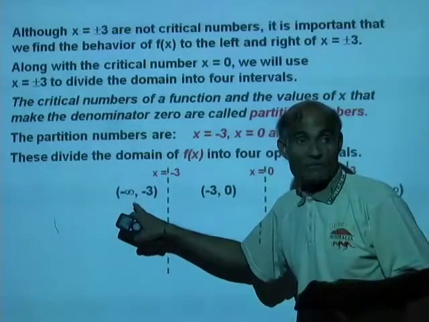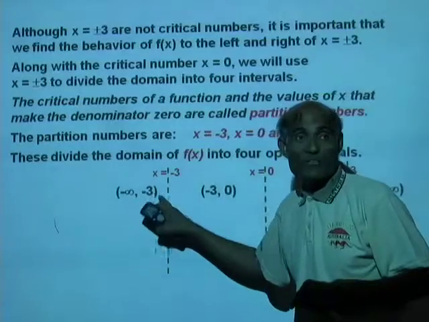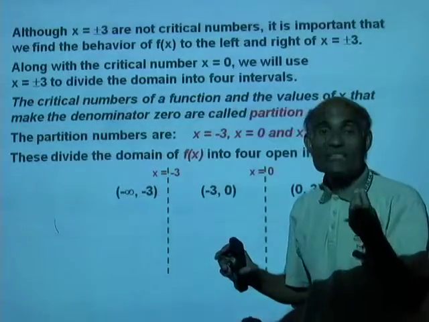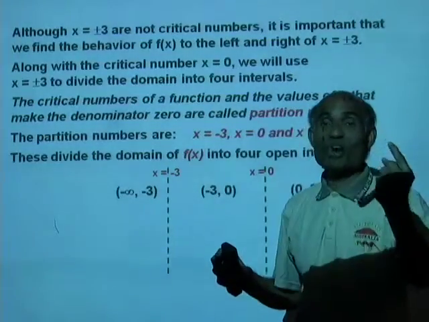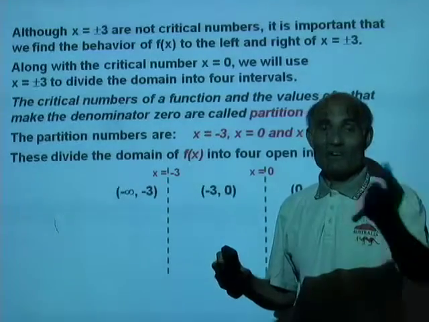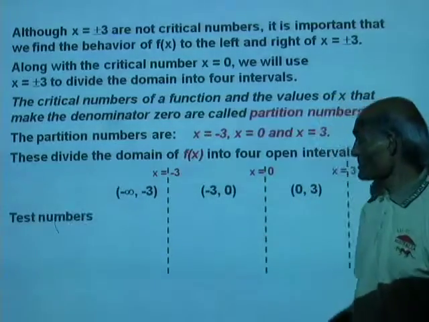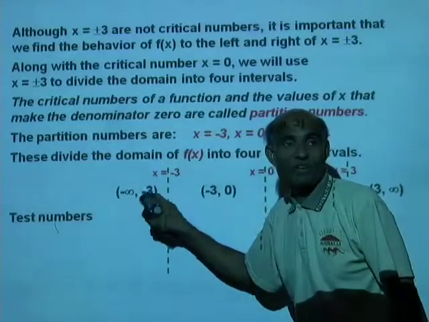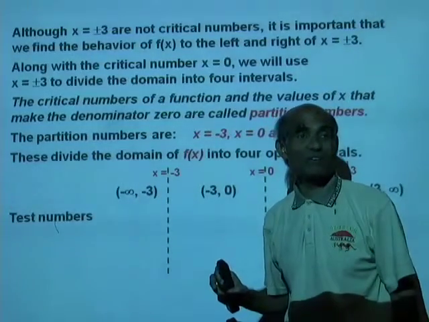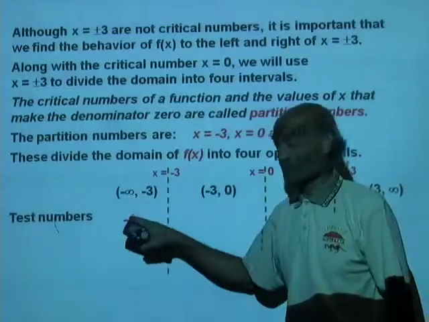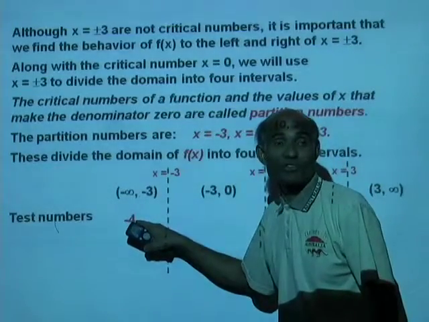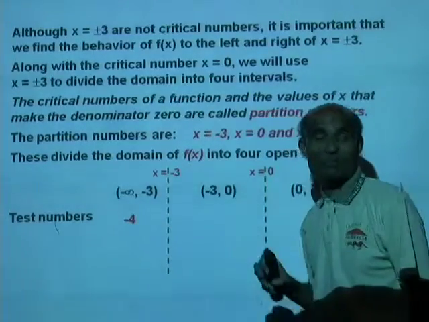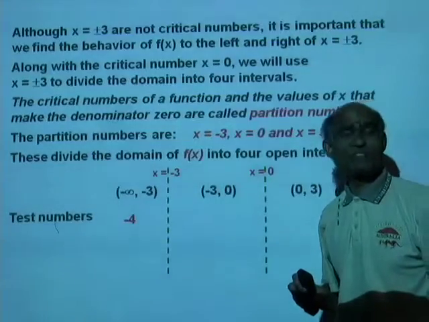So after dividing the domain into these intervals, we take test numbers on these intervals. Alright, can you give me test numbers on this interval? Give me a test number on this interval, negative infinity to negative 3. Well, negative 4 is a good choice. Give me a test number on negative 3 to 0.